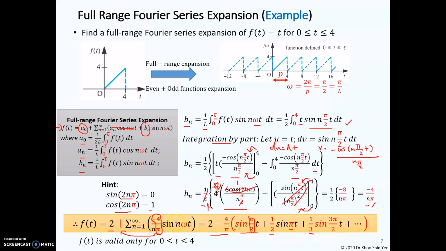And then 3 multiplied with pi over 2, you obtain 3 pi over 2, and so on. So this is the Fourier series expansion result for the full range expansion for this original signal. So since this original signal is only valid from 0 to tau here, which is 4, therefore this f(t) function is only valid within 0 to 4.